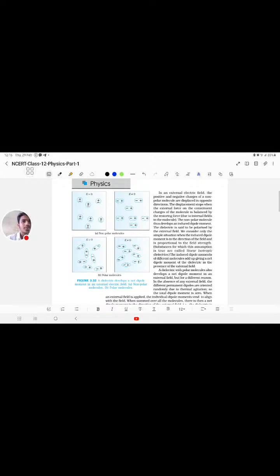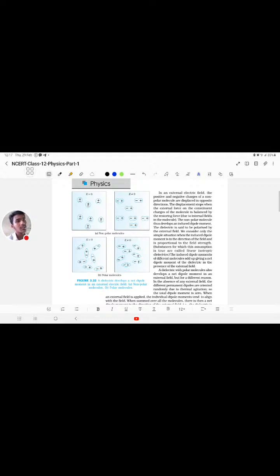In case of non-polar molecules, and in case of polar molecules, we consider only the simple situation when the induced dipole moment is in the direction of the field and is proportional to the field strength.